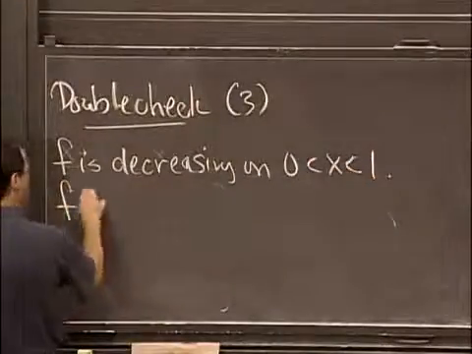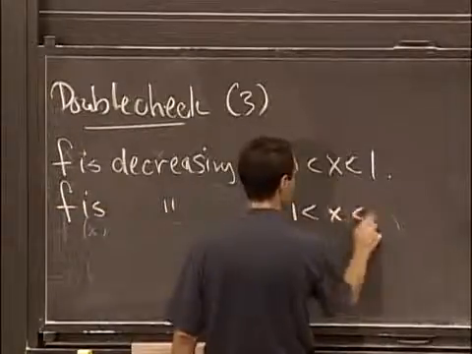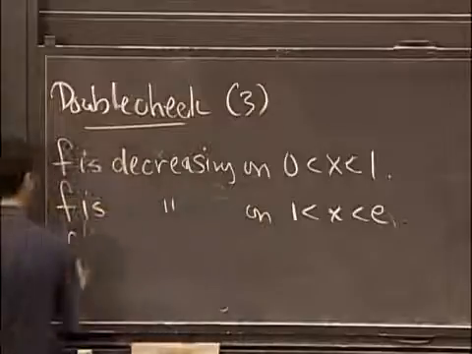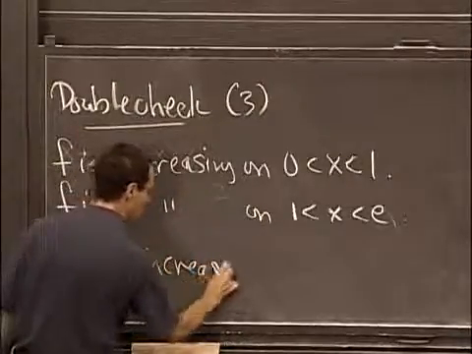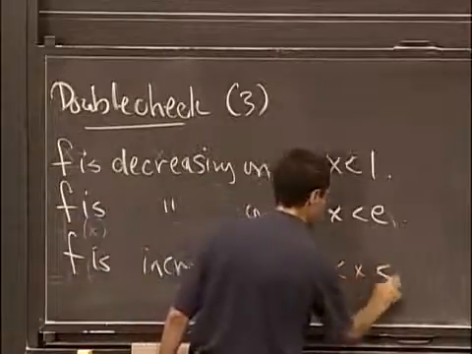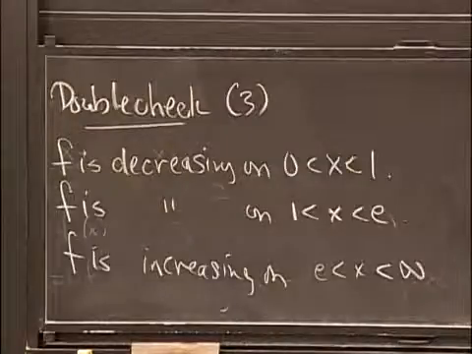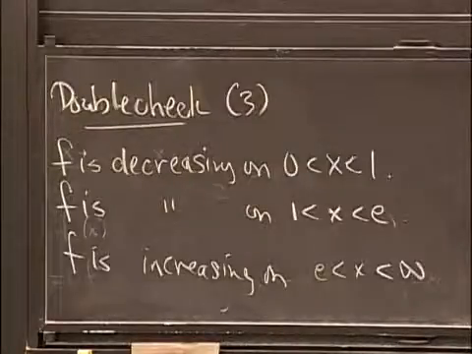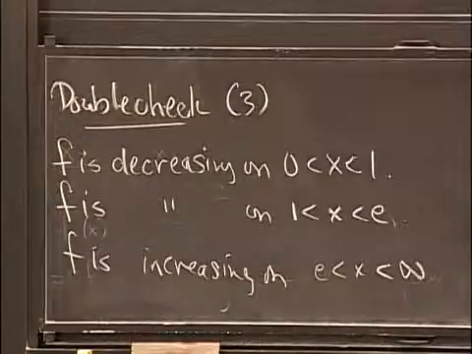F is also decreasing on 1 to e. And f is increasing on e to infinity. Because we plotted a bunch of points, and we know that there aren't any places where the derivative vanishes, we already know it goes down, down, up. That's what it's got to do.